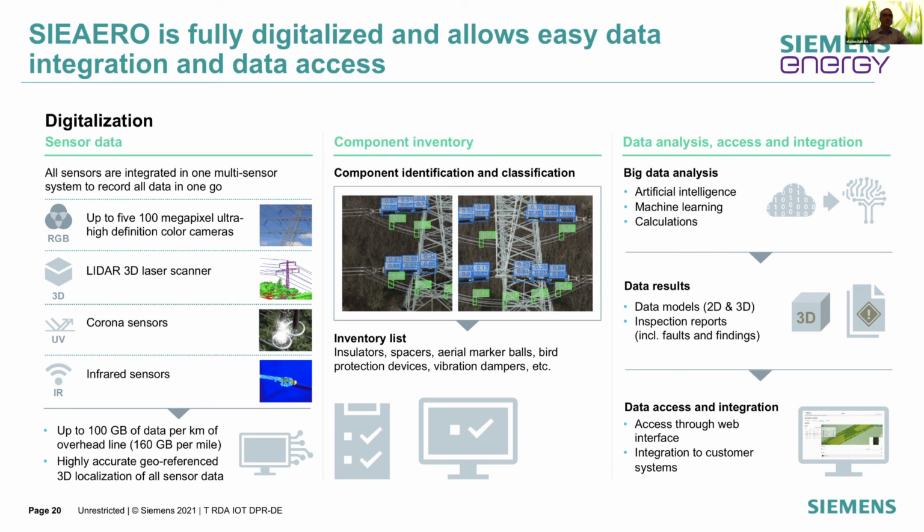But since everything is geolocalized, this allows us to connect all this data and everything that is going to be processed afterwards in this middle part where the artificial intelligence kicks in, like detecting these isolators or detecting bird nests and things like that, bringing it to this geolocalized representation of the asset.